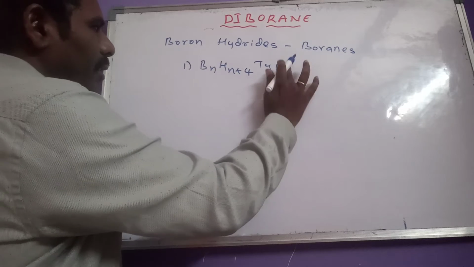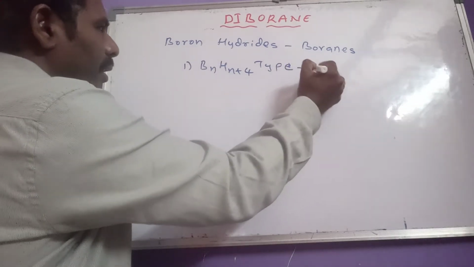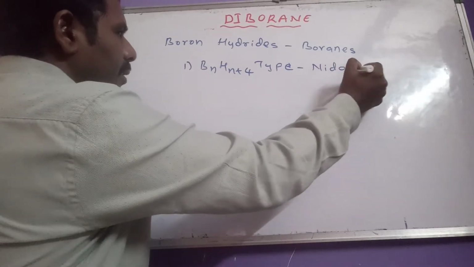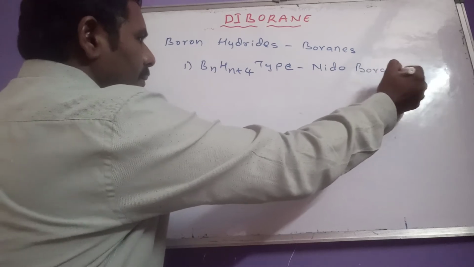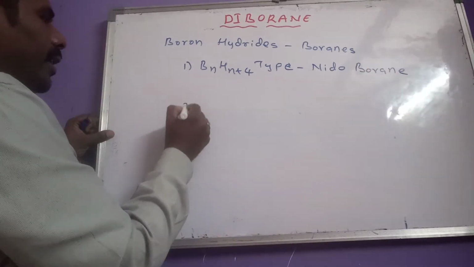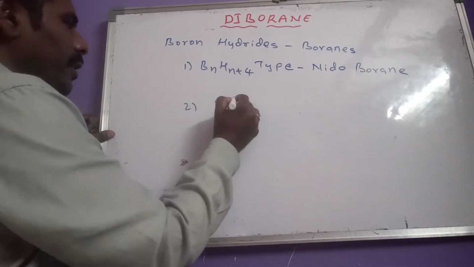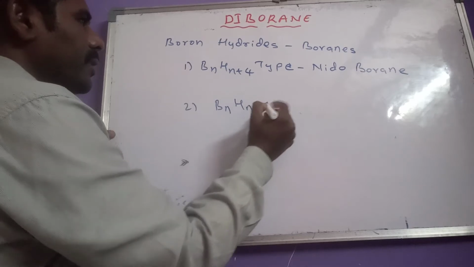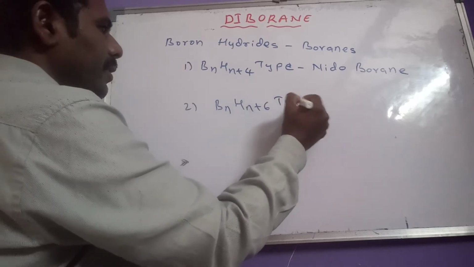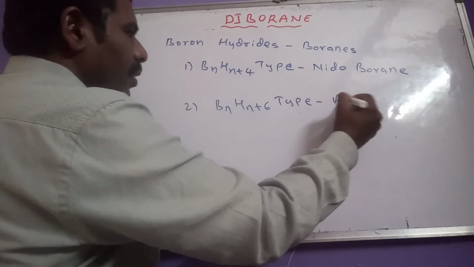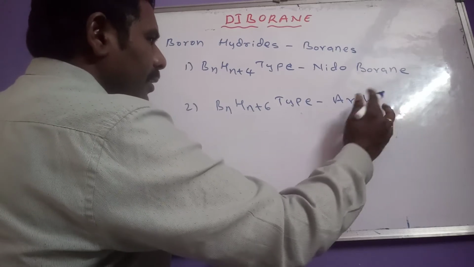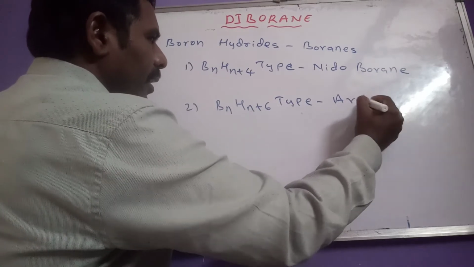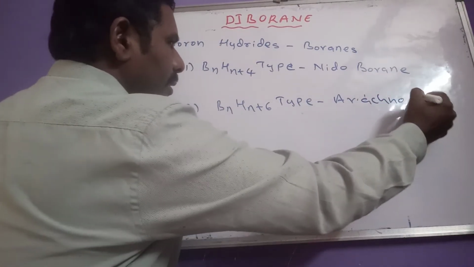These are called nidoboranes. And the second type is BnHn+6 type. These are called arachnoboranes.